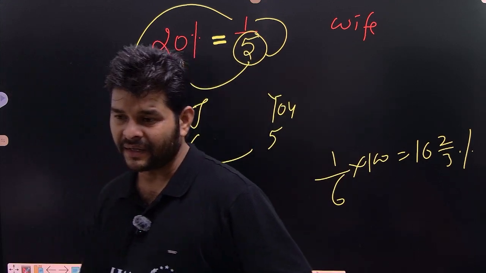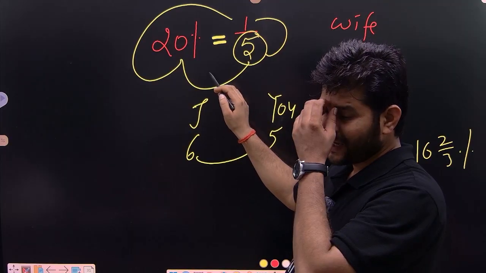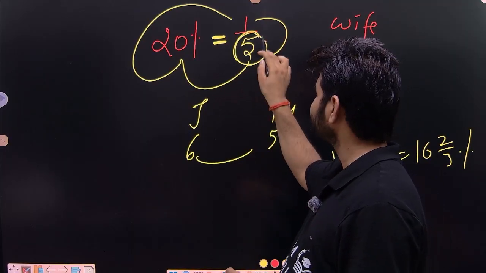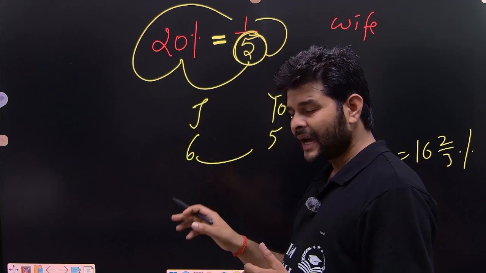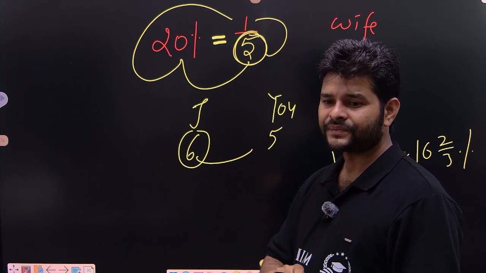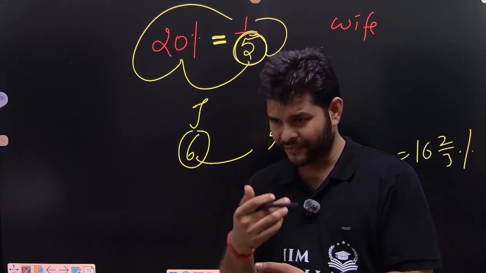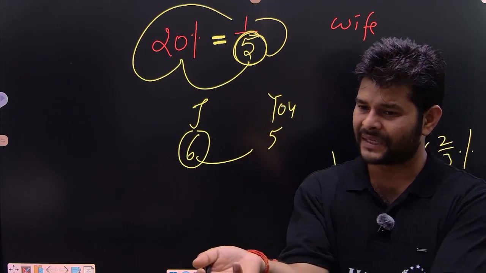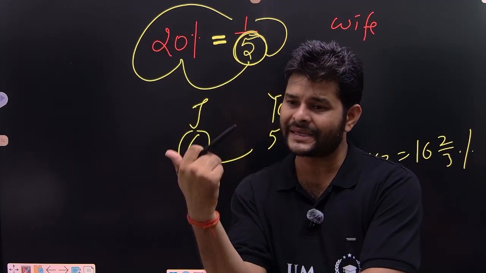The reason behind it: in the first case, we are comparing with your value, and in the second case, we are comparing with my value. Are you getting it or not? So if I am making 20% more than you, you can't be making 20% less than me.